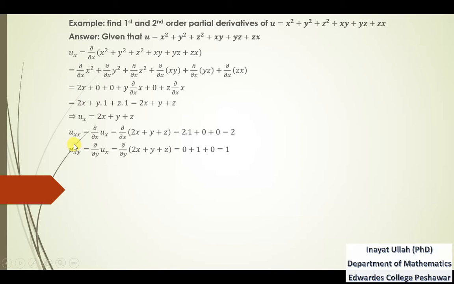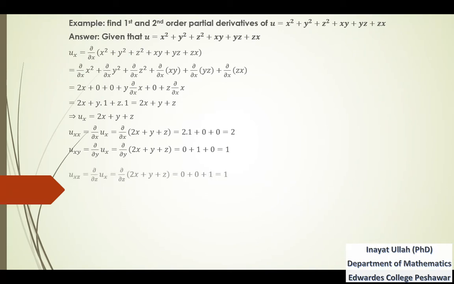And ux is 2x plus y plus z. Now with respect to y, the partial derivative of this function is, x is constant, so that is 0, y gives 1, and the derivative of z with respect to y is 0. So the partial derivative of ux with respect to y is 1.